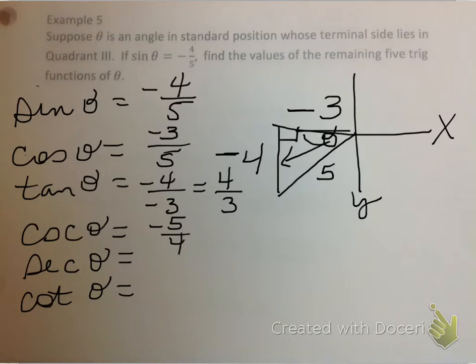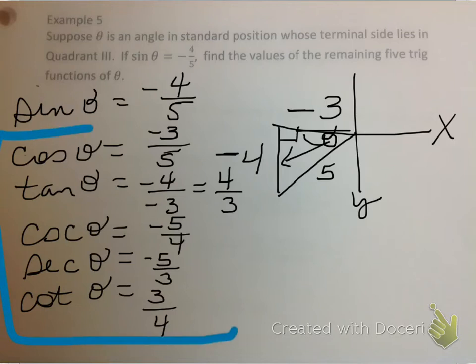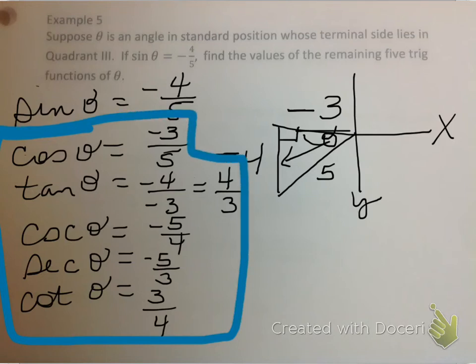And secant is going to be negative 5/3. And then cotangent is just the flip. It is going to be 3/4. So there you go. Here is your answer. You have your other 5 trig functions.